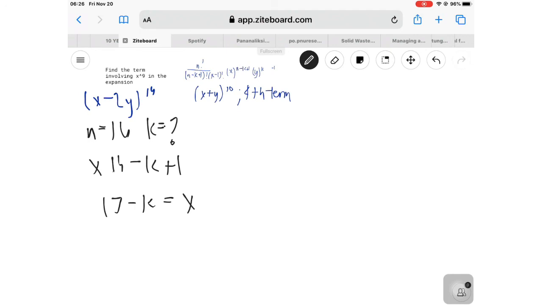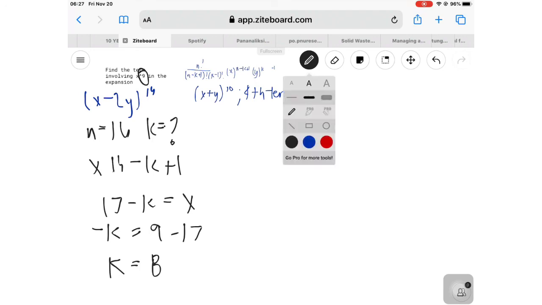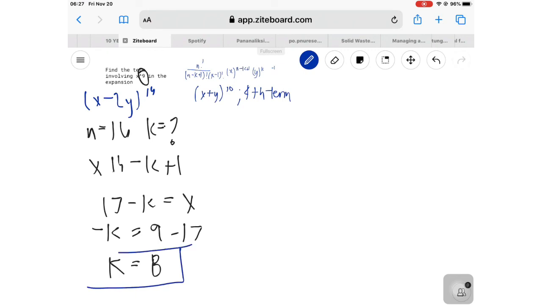So, transpose ulit natin, substitute natin dito si 9. So, 9 minus 17, this will be 8. Positive, k positive. So, nakuha na natin si k.